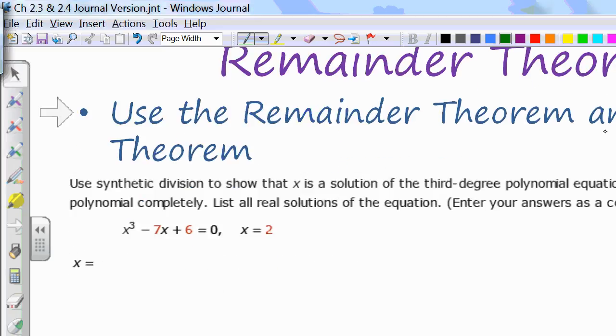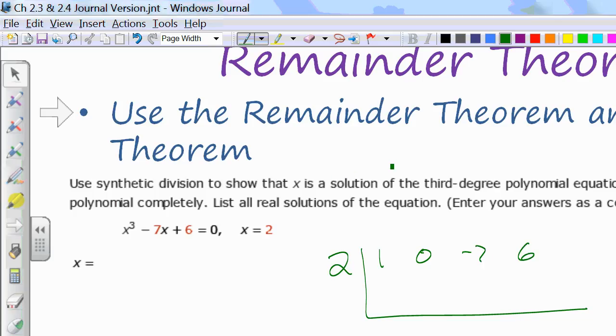All right. Use the remainder theorem and the factor theorem. Use synthetic division to show that x equals 2 is a solution of the third degree polynomial. Use the results to factor the polynomial completely and list all real solutions. So what we have is 1 for the x cubed, 0 for the x squared, minus 7 for the x, and a 6.